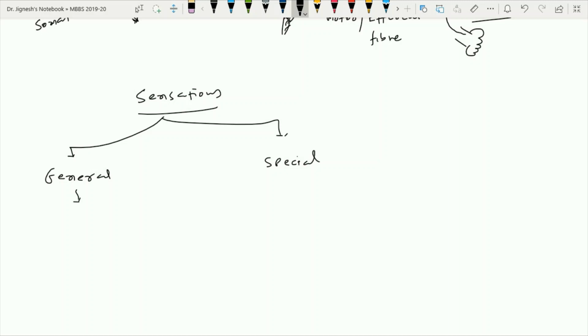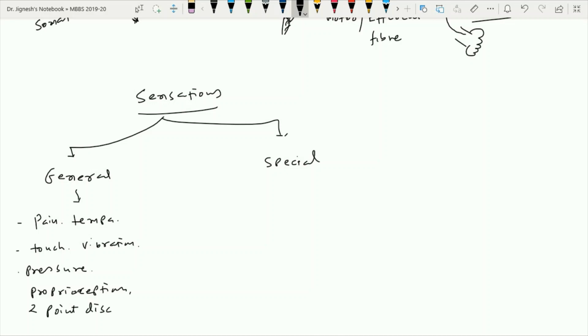These include pain, temperature, touch, vibration, pressure, proprioception, two-point discrimination, etc.